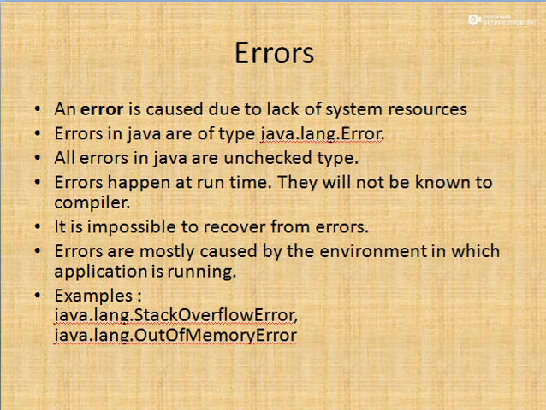If such an error occurs during execution, the output may not be available, and this type of error is impossible to recover by the compiler. That's why errors are mostly caused by the environment in which the application is running. For example, java.lang.StackOverflowError, java.lang.OutOfMemoryError.